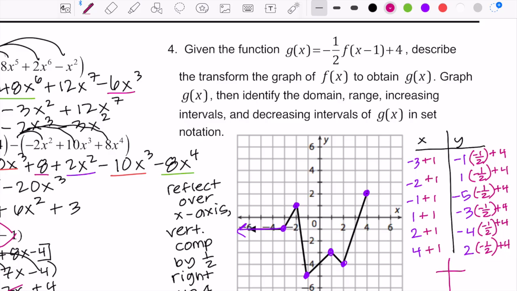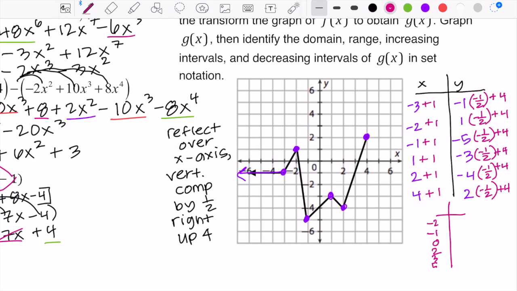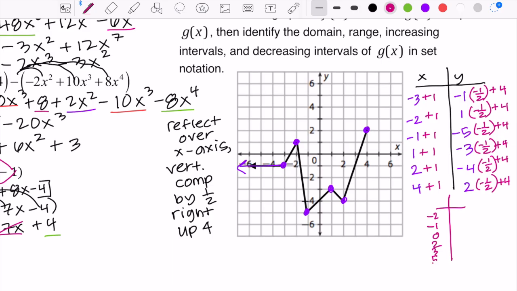So then we just got to clean up that table so we can get a good graph. So let's see, -3 plus 1 is -2, -1, 0. The next one doesn't go to 1, it jumps to 2, then 3, then 5. And then when I go to do the math for the y's, a -1/2 times a -1 is 1/2, or 0.5.